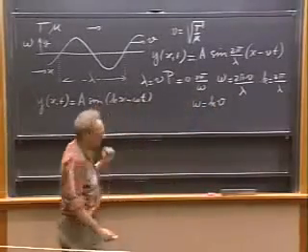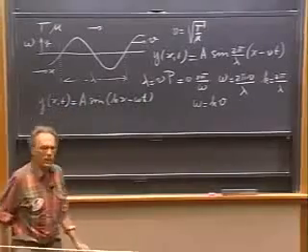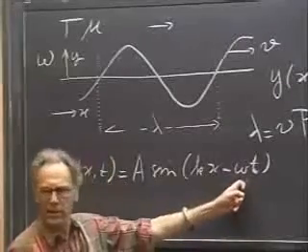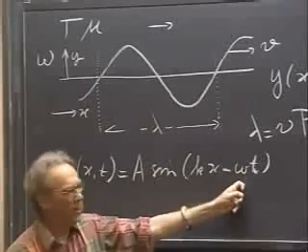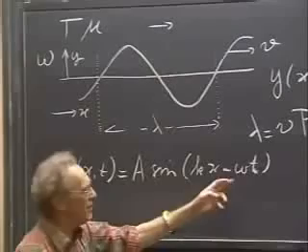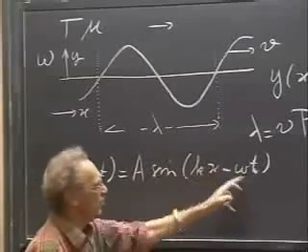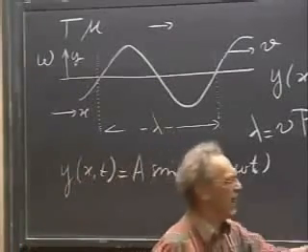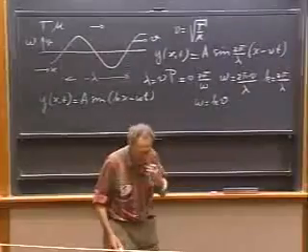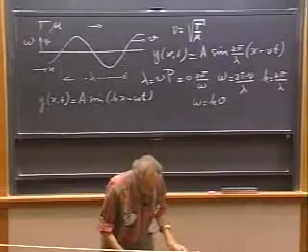And so this form is nice in the sense that if you have these two numbers, you know immediately what the frequency is, that's non-negotiable, and you know immediately what the wavelength is. It's 2 pi divided by that number, and you even know that the ratio of those two, omega divided by k, is your v, which is that v. So it's a nice way of writing things down.